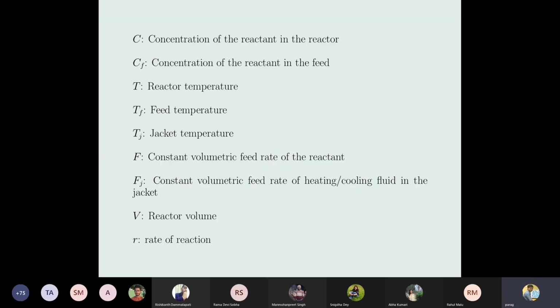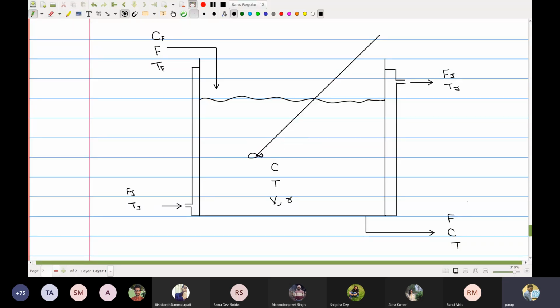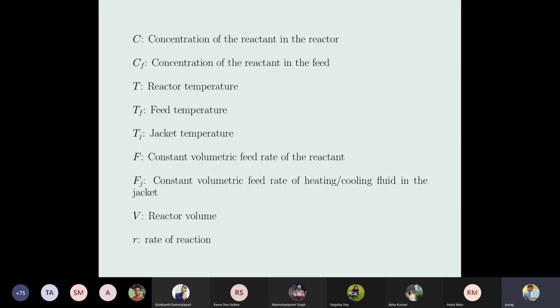Then flow rate in the jacket, volume of the reactor and rate of reaction. So every description which you need for this system is here. And if you need to know anything more than this about the reactor configuration or the operation, please feel free to point it out during or after the lecture.